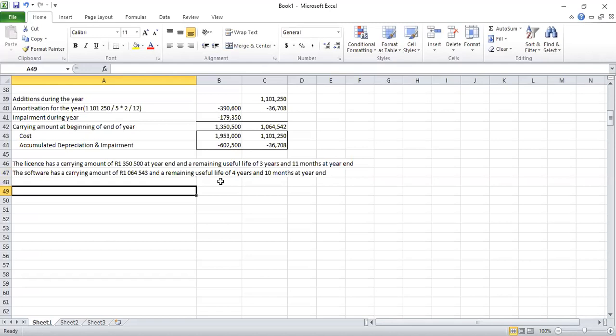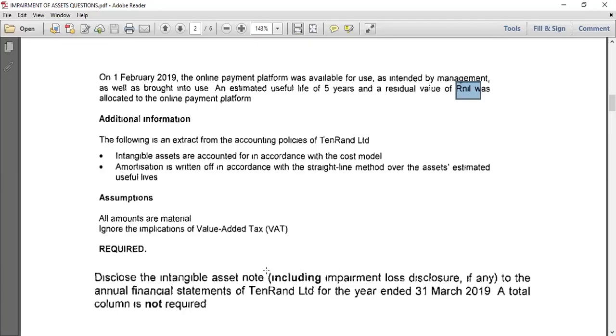So you state how your intangible assets, the remaining useful life, and the carrying amount at the year end. You also report on the impairment, right? Then the question also says, including the impairment loss disclosure, right? So we have to disclose the impairment loss.